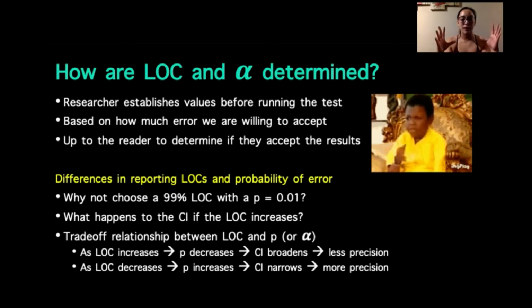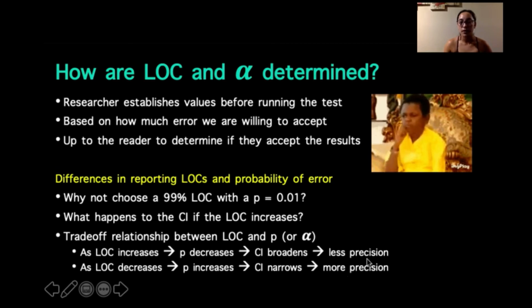Because as your level of confidence increases, the amount of error you're willing to accept decreases, and as your interval becomes more precise, or it narrows, the more error that you're kind of opening yourself up to. So larger levels of confidence are associated with less precision. Narrower levels of confidence are associated with more precision.